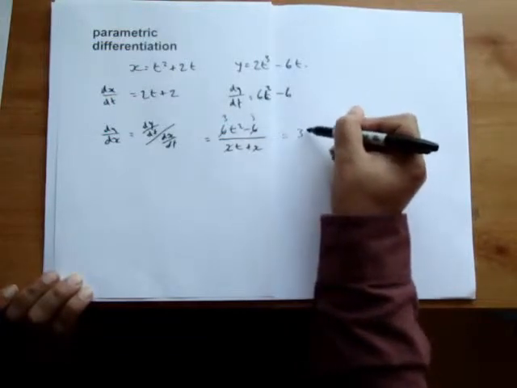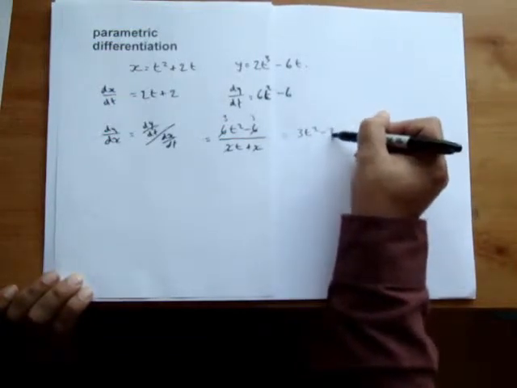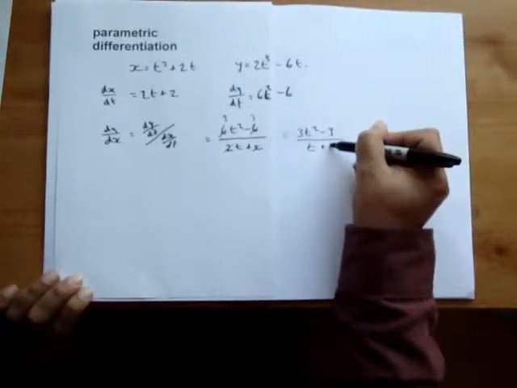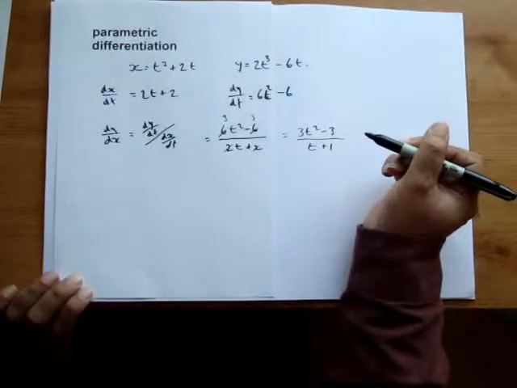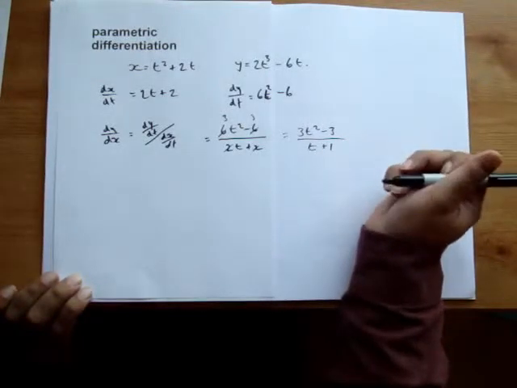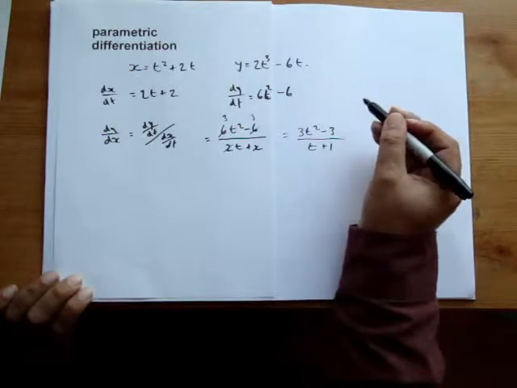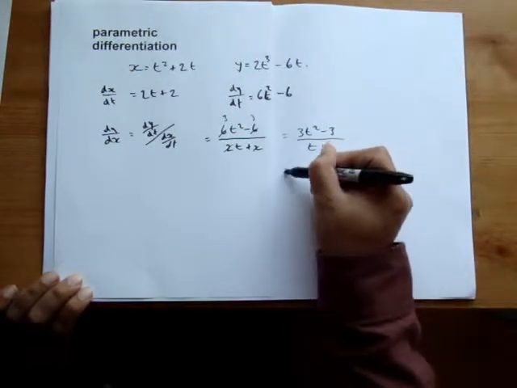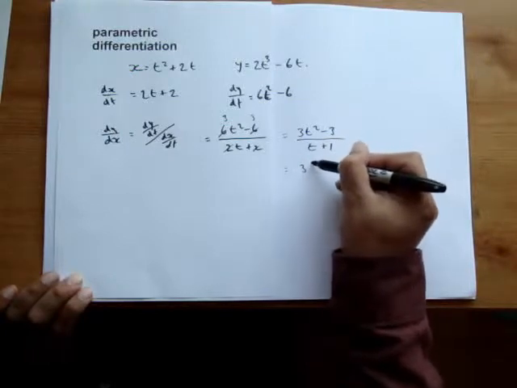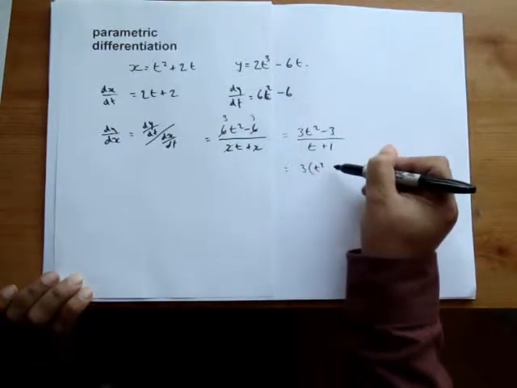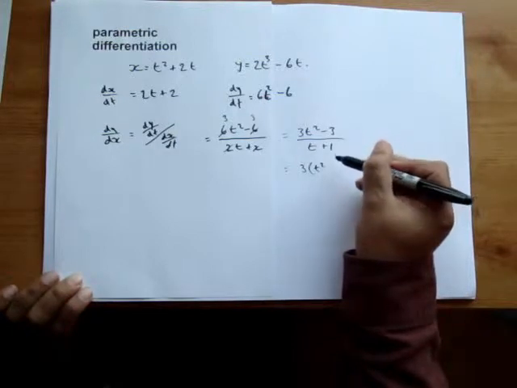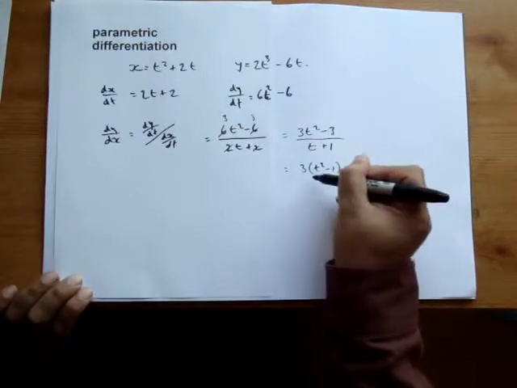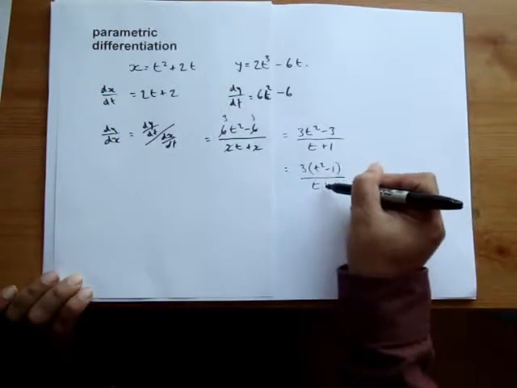So this equals 3t squared minus 3 all over t plus 1. Okay, now in this case we can factor out a 3, so this becomes 3 times t squared minus 1 all over t plus 1.